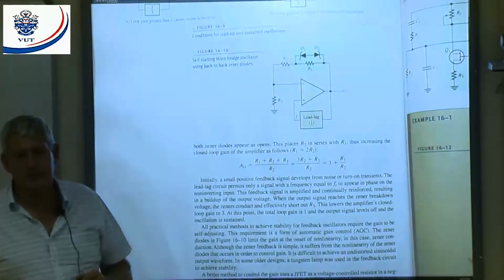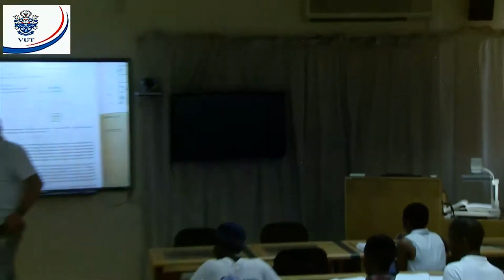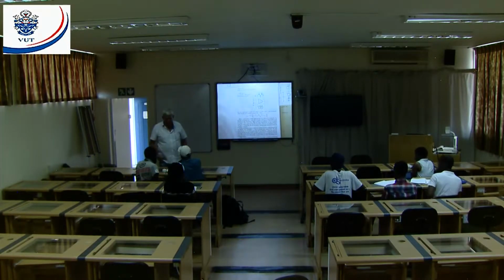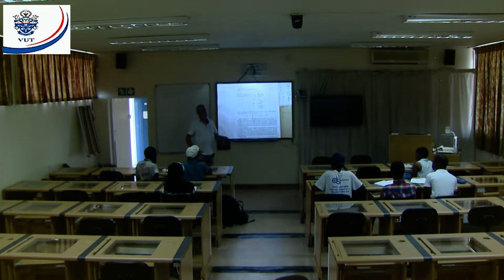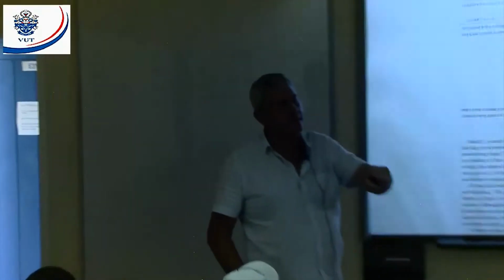Any questions? Yeah. Can I ask? This is just a general question, sir. What happens if there was only one Zener diode? All right. There's a question. If there was only one Zener diode, what does my signal do? It goes positive and then through 0, negative.